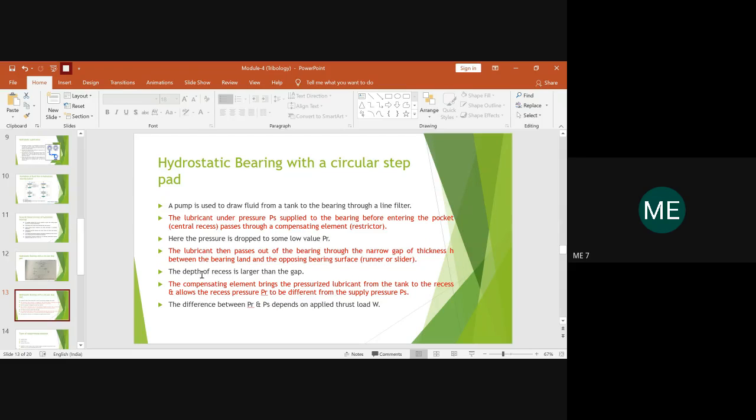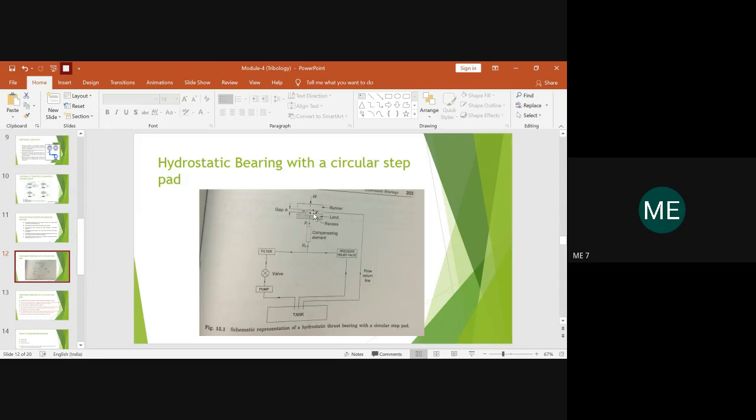And one more thing you have to understand is that the depth of the recess will be larger than that of the gap. So what is the recess? You have a recess over here. As per the design criteria, the depth of the recess should be higher than the gap which has been provided.